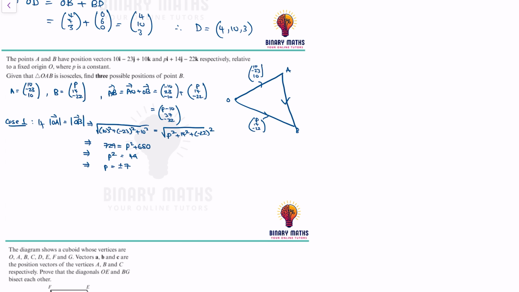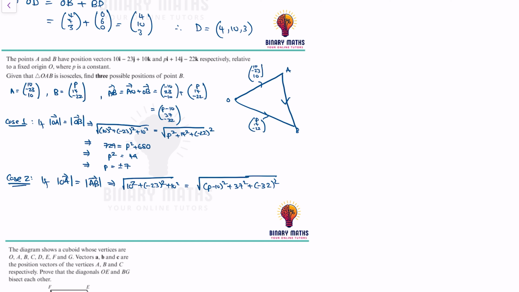And let's do case 2 now. Case 2 would be if the magnitude of OA is equal to the magnitude of AB. That implies OA is again 10 squared plus (-23) squared plus 10 squared, which is equal to AB, which is going to be (p - 10) squared plus 37 squared plus (-32) squared.